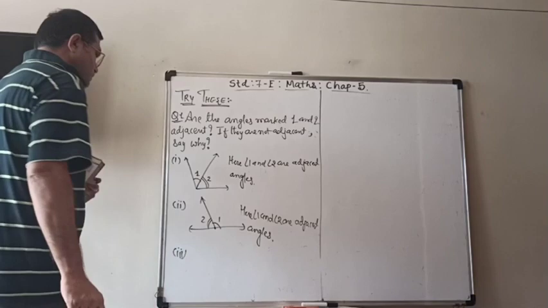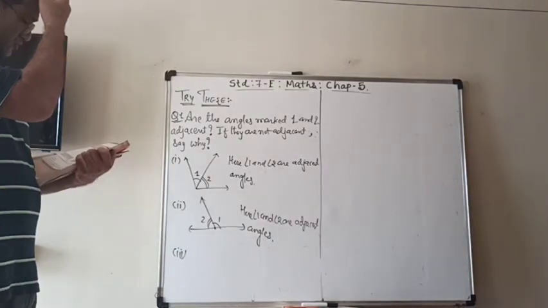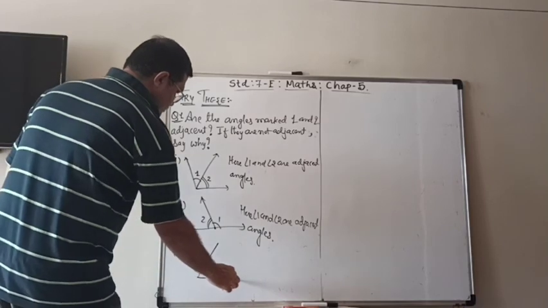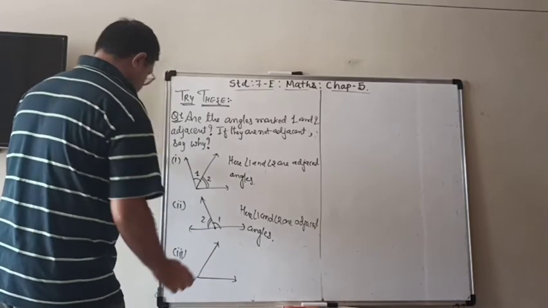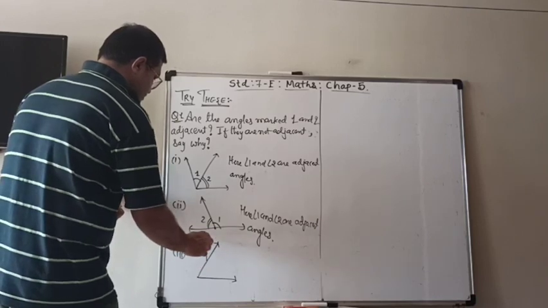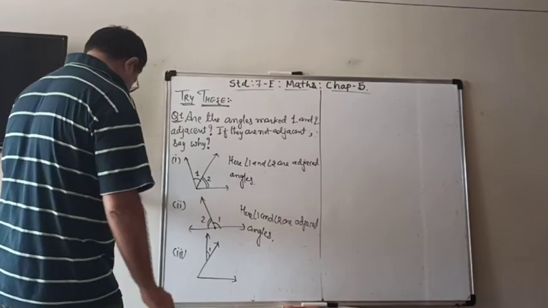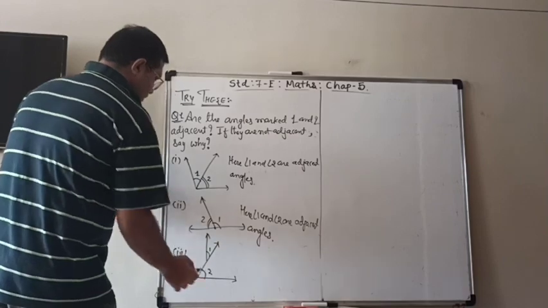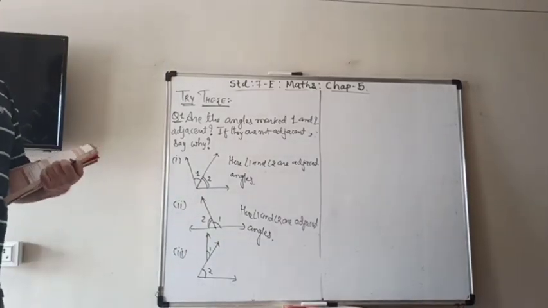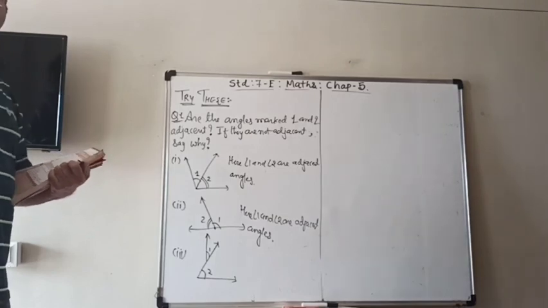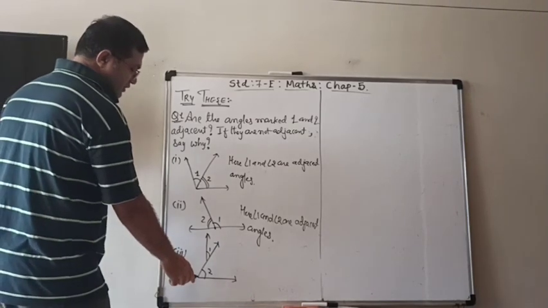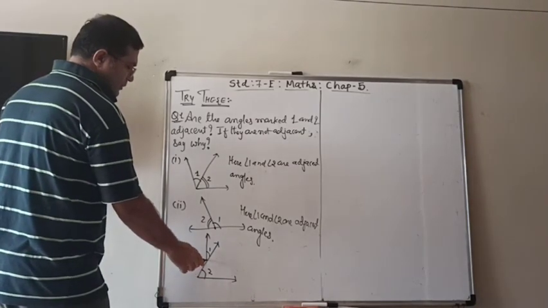Let's see the third. In the third, it is different, like this. Angle 1 is here and angle 2 is here. Now you can see that they don't have a common vertex, because the vertex of this angle is here and the vertex of angle 1 is here.